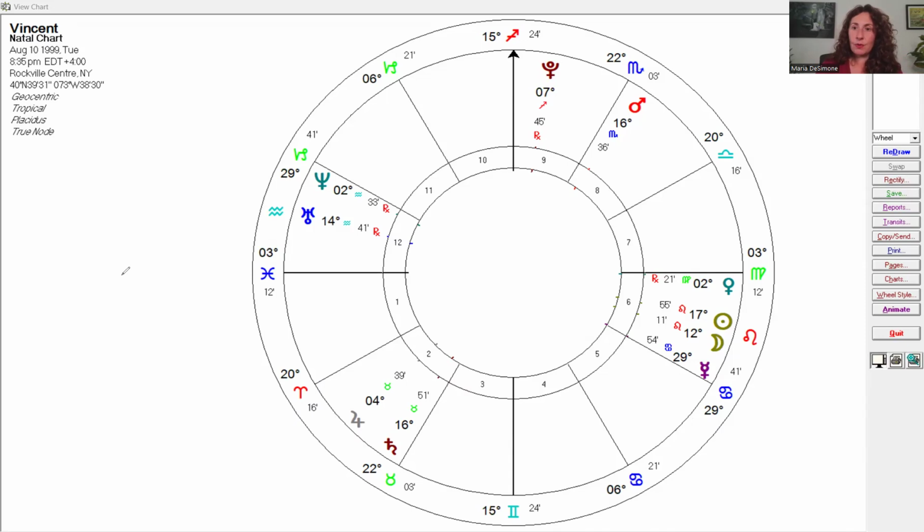In this horoscope, we have planets that are in the intercepted signs. We have the sun and moon in Leo, intercepted, and we've got Uranus and Neptune in Aquarius, intercepted.